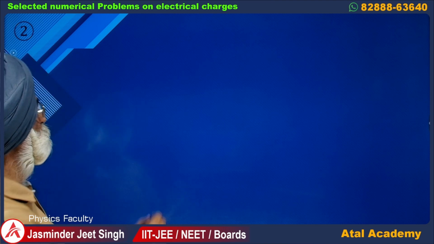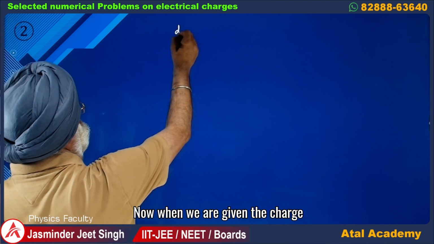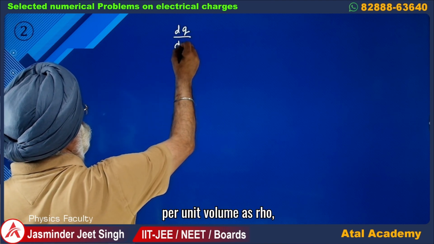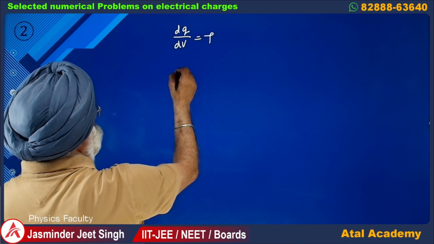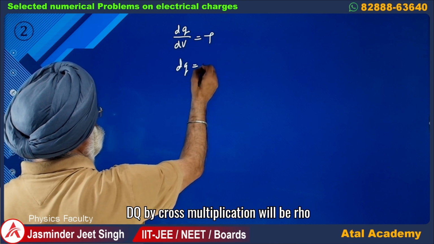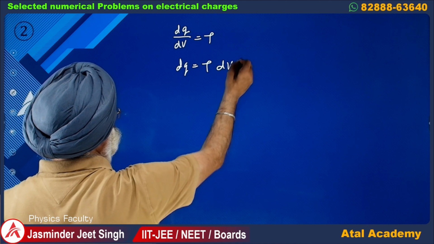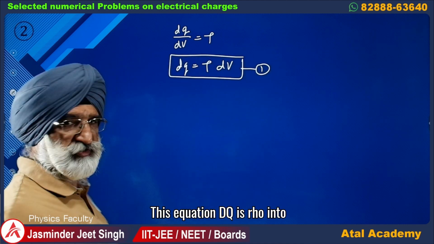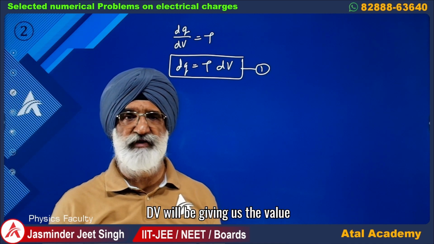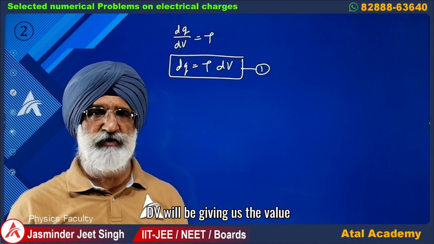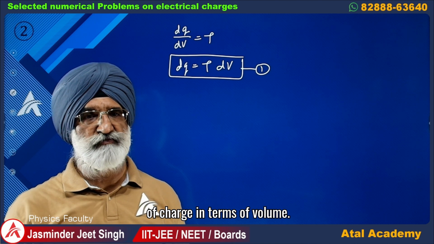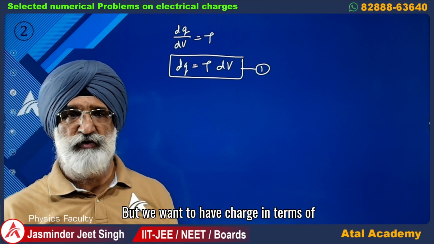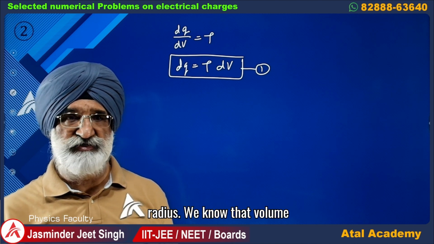First part, now when we are given the charge per unit volume as rho, dq by dv, by cross multiplication, will be rho into dv. This equation, dq is rho into dv, will be giving us the value of charge in terms of volume. But we want to have charge in terms of radius.